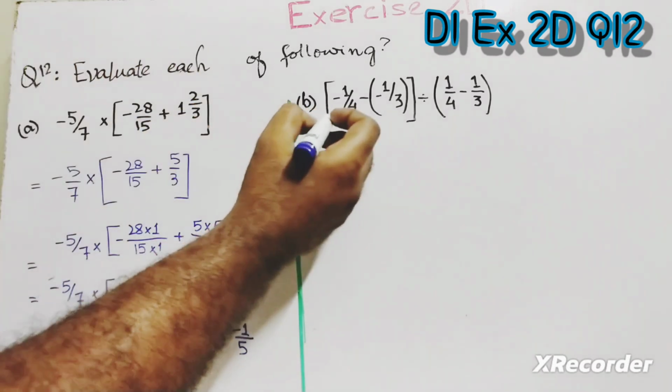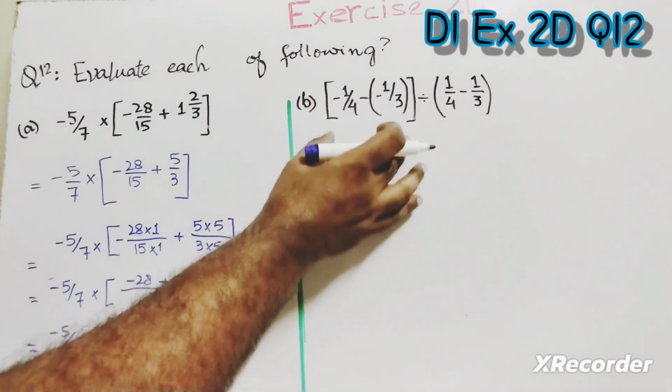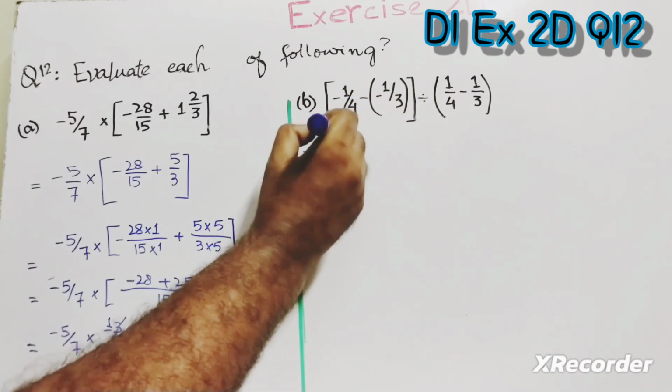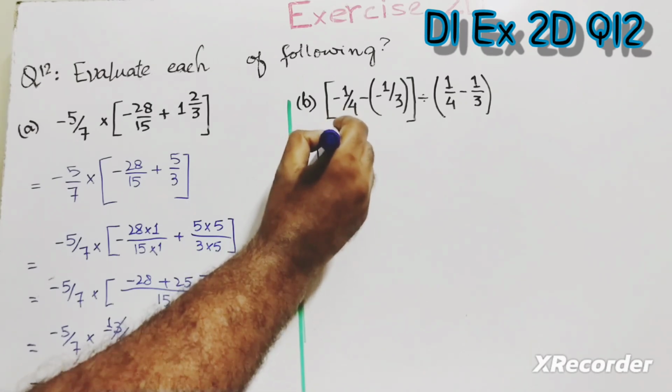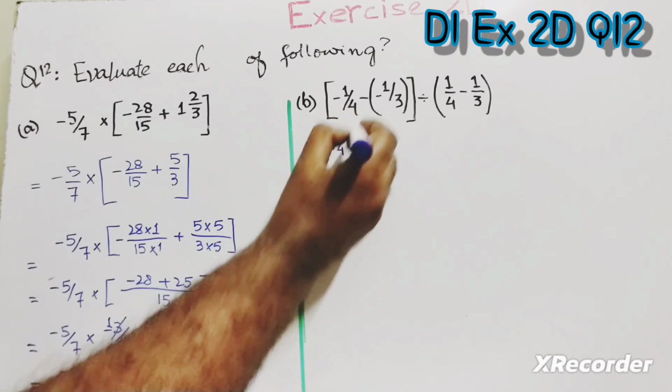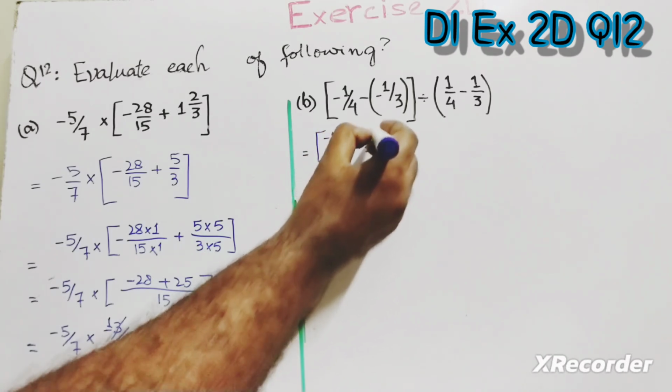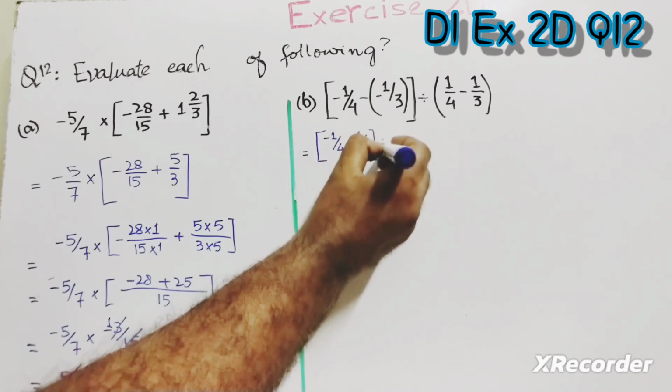Similarly, in part B, first of all we have to solve these two brackets before divide, so we can write it as minus 1 upon 4 minus minus plus 1 upon 3, divide.